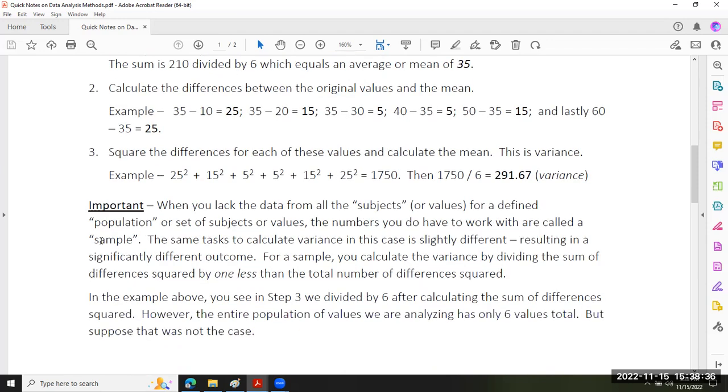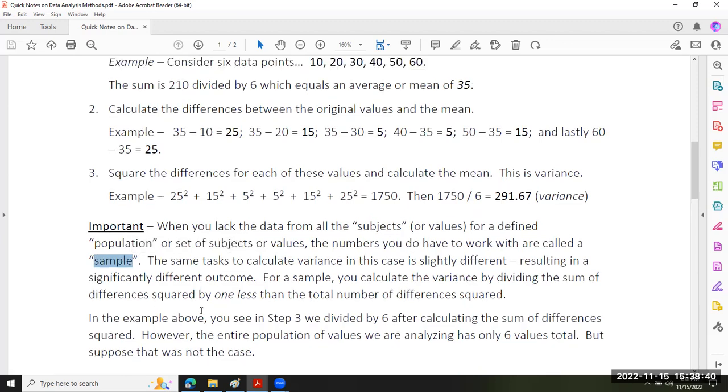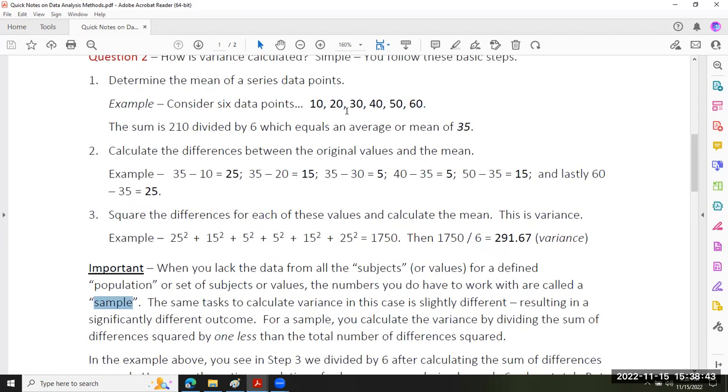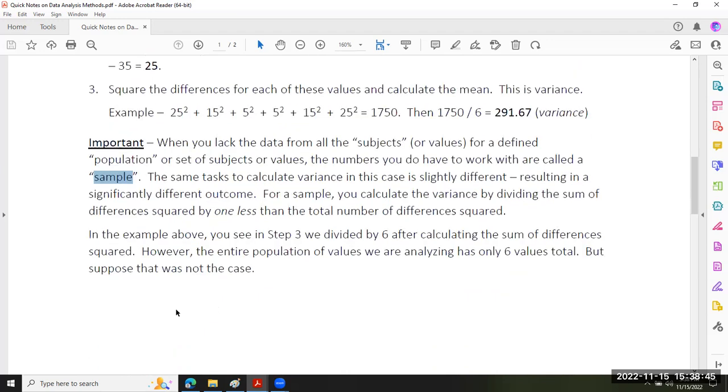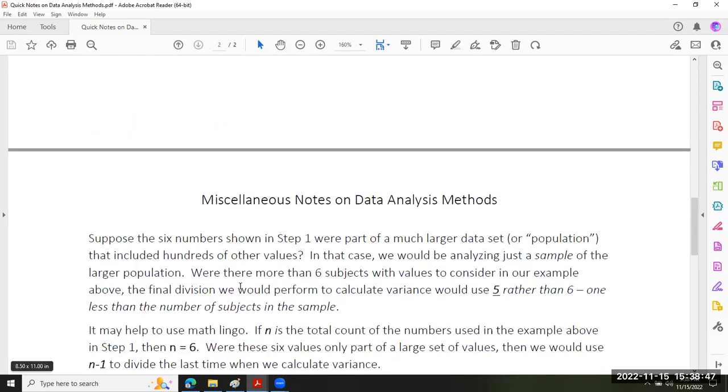That's what you do when you have a complete set of data or measures. But if you're dealing with a sample and you have only a partial set, so if I gathered 6 points, but there were hundreds of data points, then to calculate variance, you would do something a little different. You do it differently because it's one way of accounting for the fact that you're only using part of the numbers.